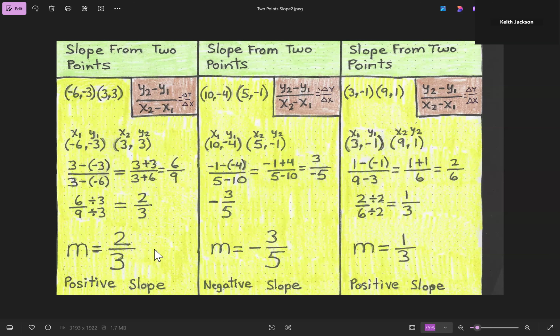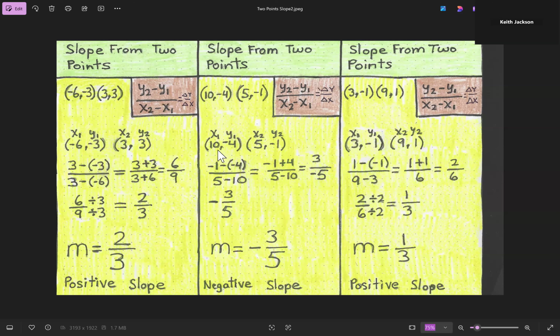Okay, so if it's positive, the right side of the line is higher than the left side of the line. All right, so let's take a look at our second big example in which we have one point at 10 comma -4 and the other point at 5 comma -1 using our y sub 2 minus y sub 1 over our x sub 2 minus our x sub 1. Keep in mind that the change in y is over the change in x, and we're going to name our values right here.